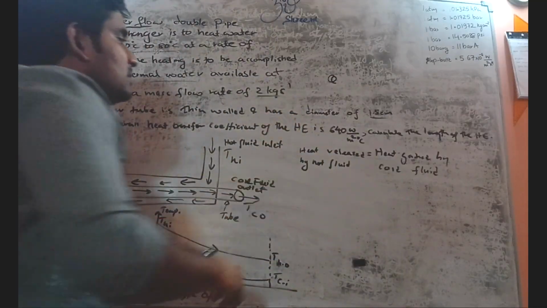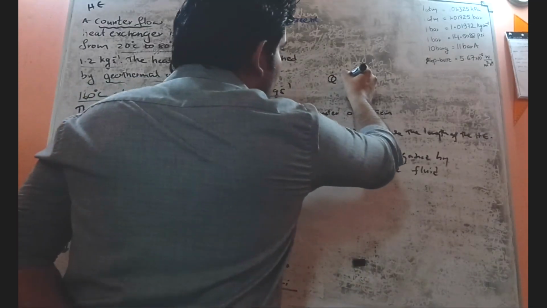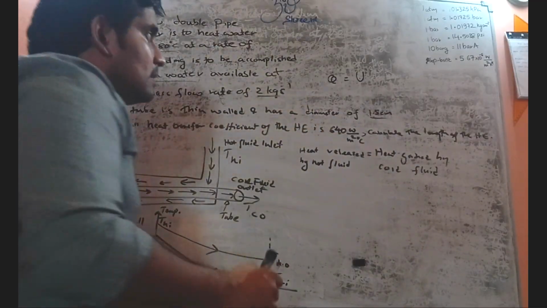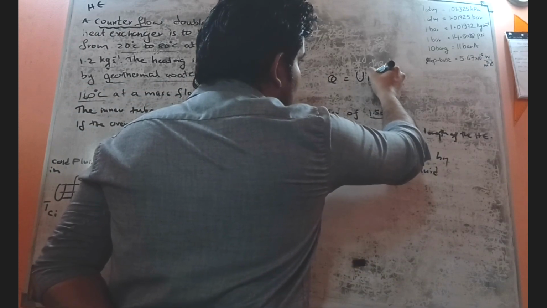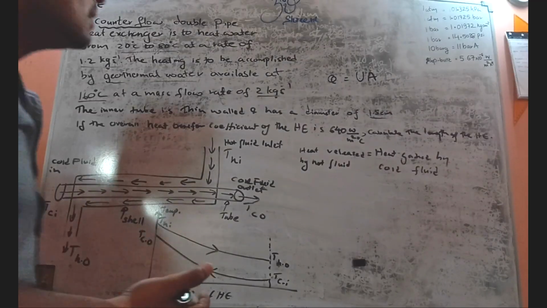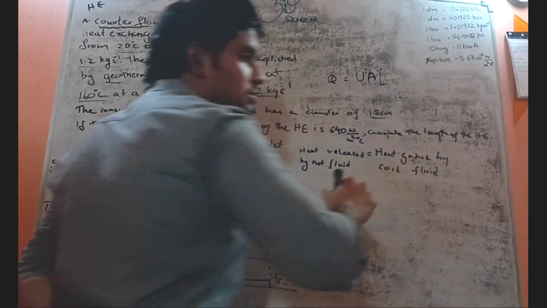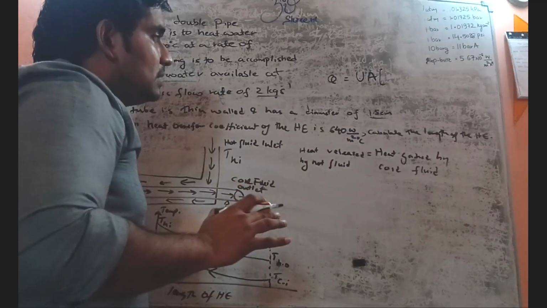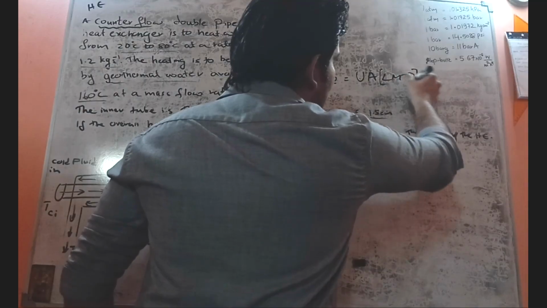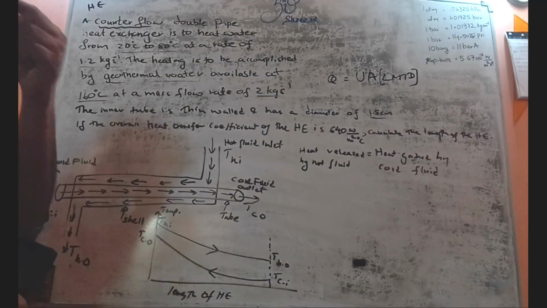Heat transfer rate, let's call it Q dot, equals overall heat transfer coefficient U, times the area of the heat exchanger, the net area of the heat exchanger, times, I will put square brackets, the LMTD, the logarithmic mean temperature difference, right?